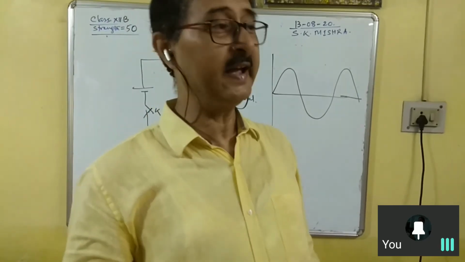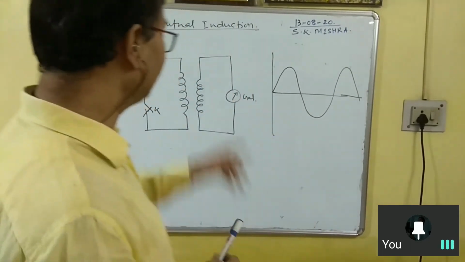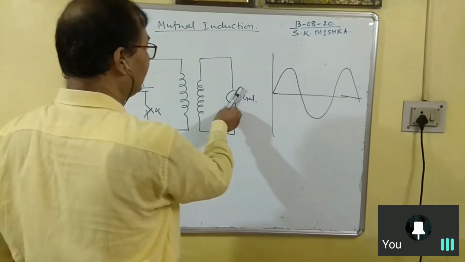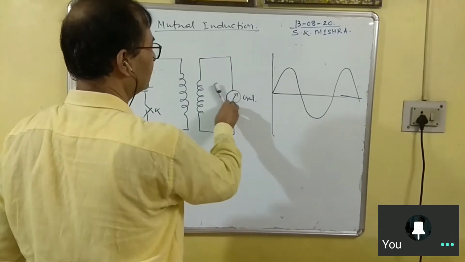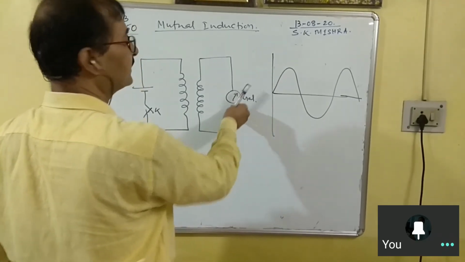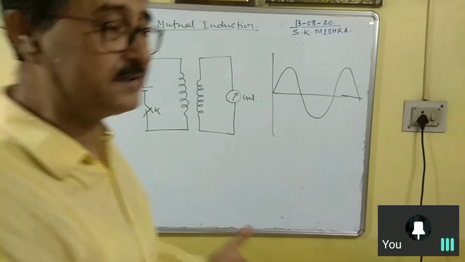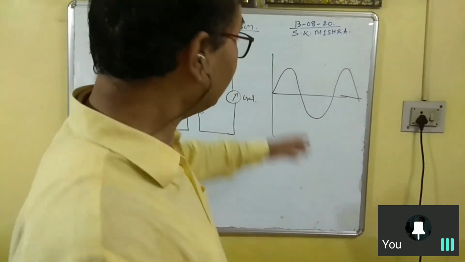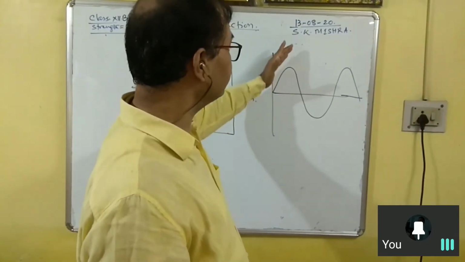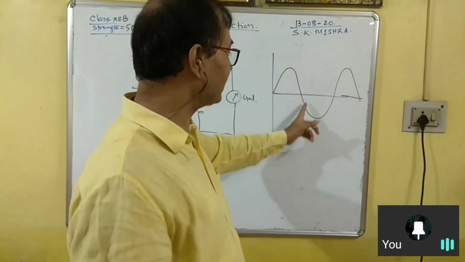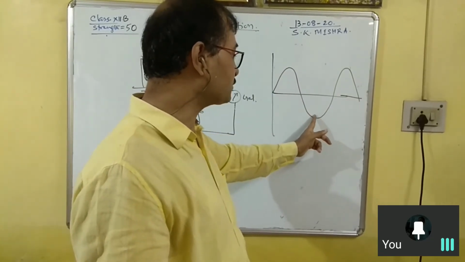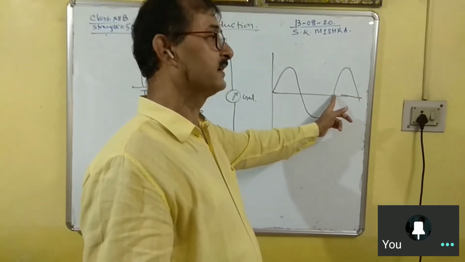If you place a galvanometer here, then its pointer goes like this. In alternating current, the current first increases, then decreases, then the direction of current reverses, goes to maximum and then decreases, finally becomes zero.